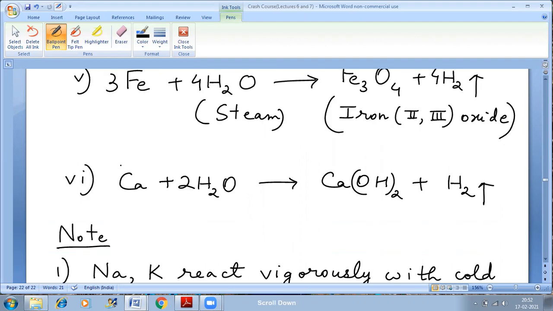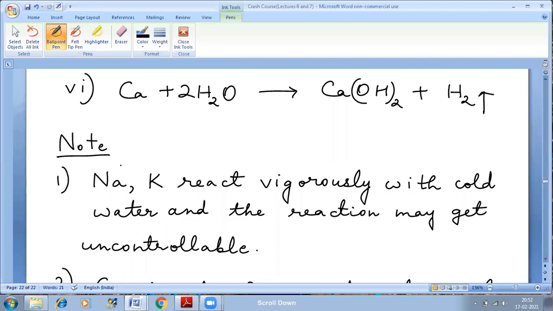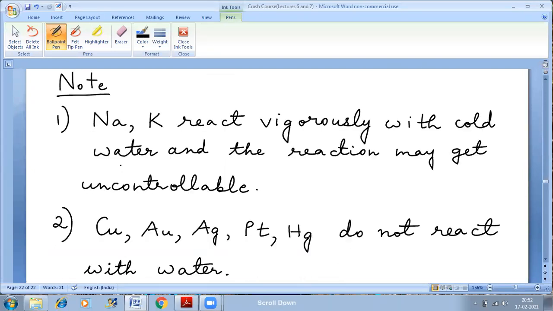Similarly, calcium plus water will give you calcium hydroxide and hydrogen. As I said, sodium, potassium, rubidium, these all react vigorously with cold water.